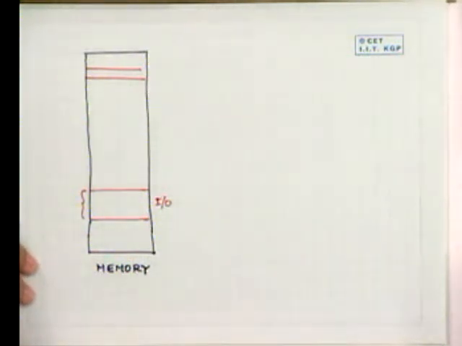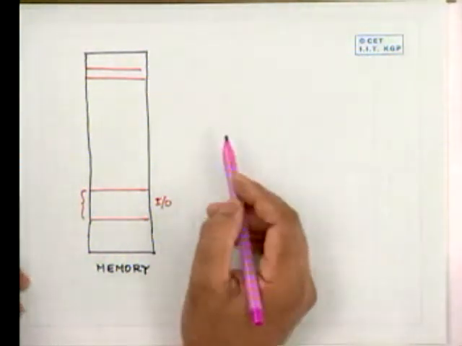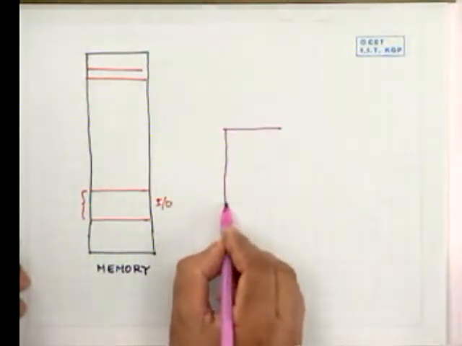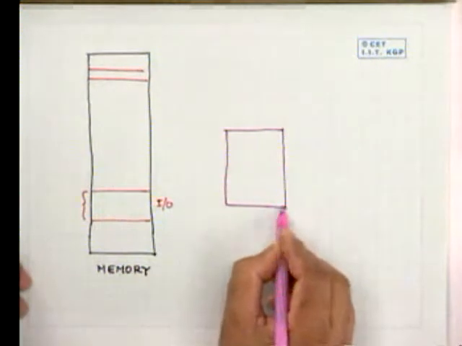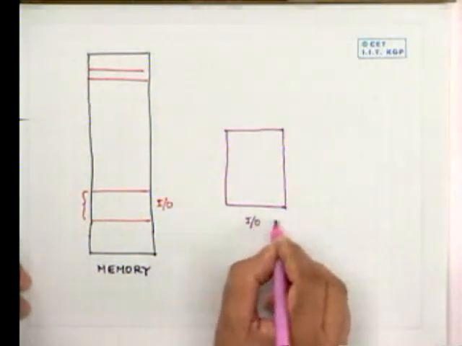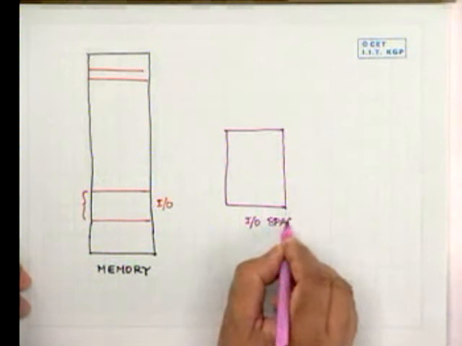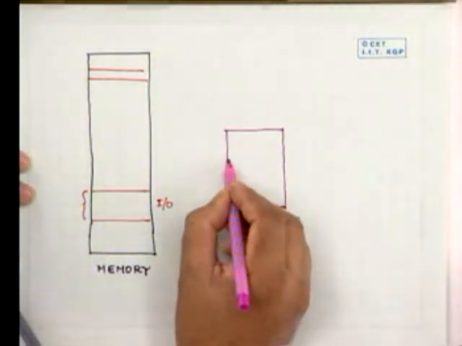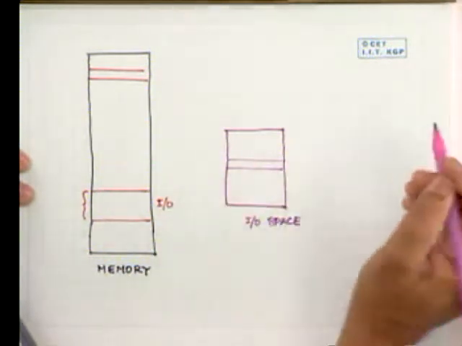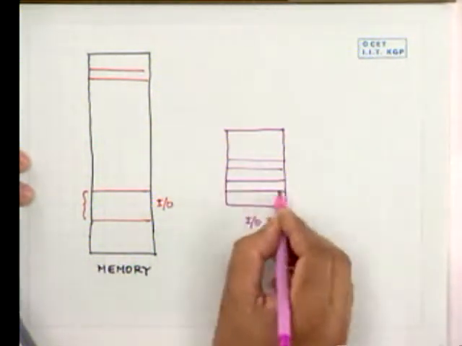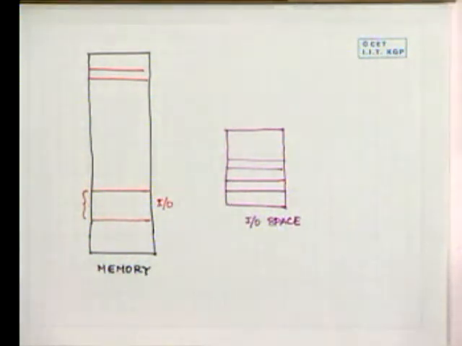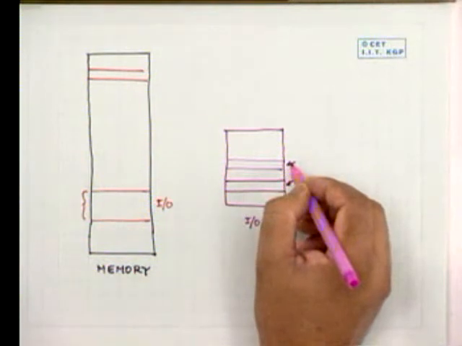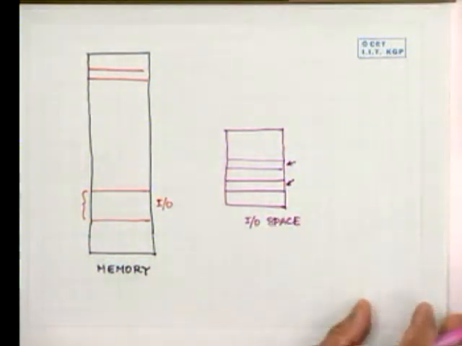If we use I/O read and I/O write, then the total I/O space, say this is the I/O space, is different from the memory space, and any registers in that I/O, that means the interface, are mapped into this I/O space. Some address here, some address here. Possibly this will be the command and status, and this will be the buffer register.